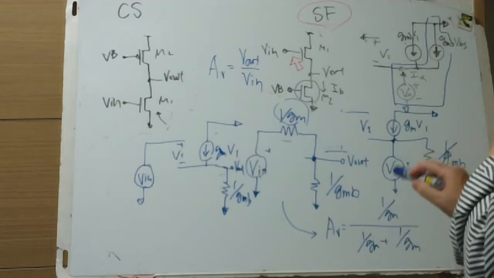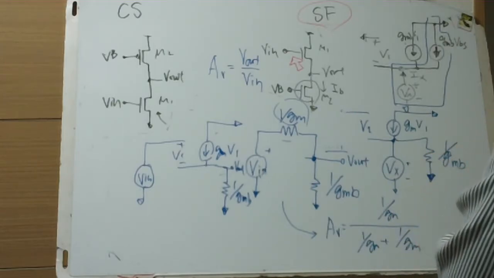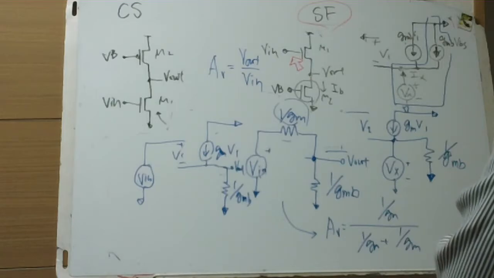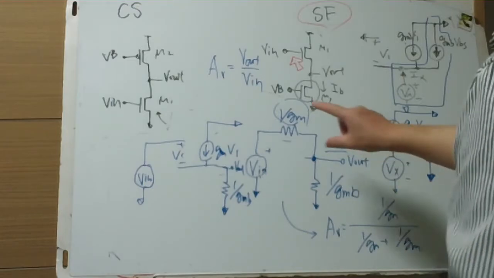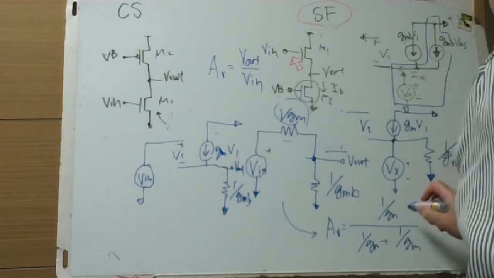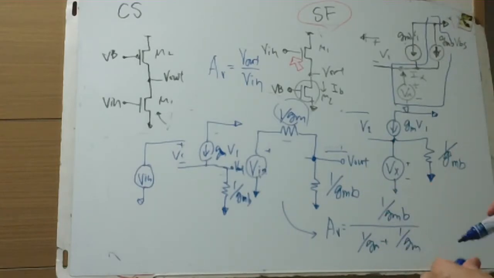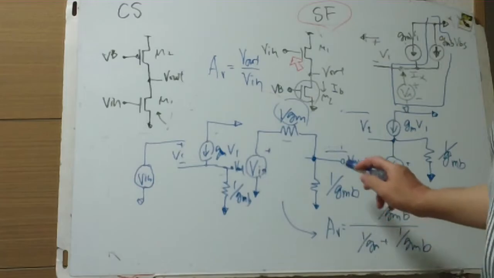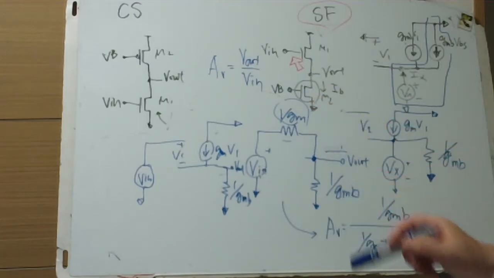This is Gm, plus this, plus GMB. 1 over Gm plus 1 over GMB, 1 over GMB divided by this, is the resistance.